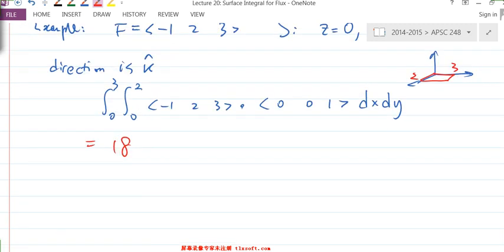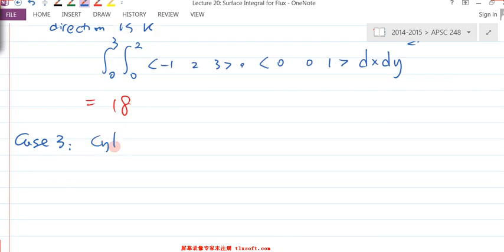So, case number 3. Now you can see the surface integral is actually nothing new here. What's new in terms of computation? If you know how to do a double integral, you know how to do a surface integral ultimately. So, the cylindrical surface.